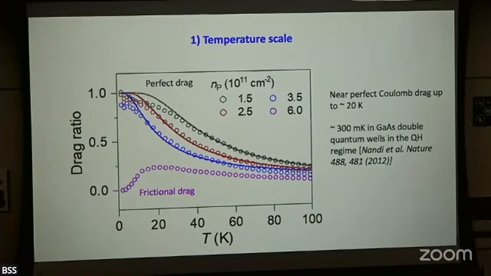Compared to the gallium arsenide double layer quantum system in the quantum Hall regime, which needs to be cooled down to sub-Kelvin in order to see perfect Coulomb drag, this again shows the different energy scale. This is a much larger energy scale: the exciton binding.